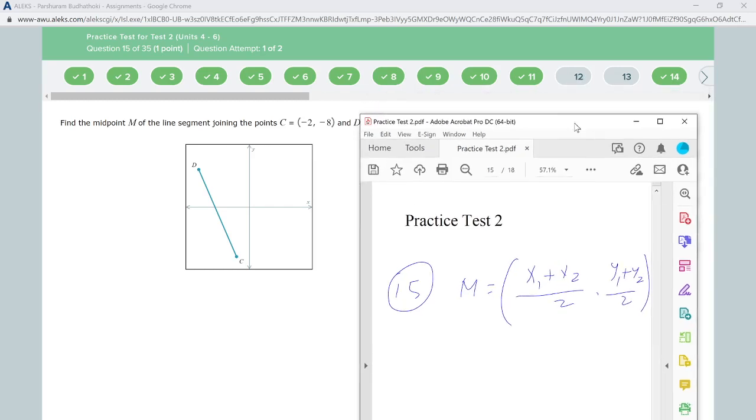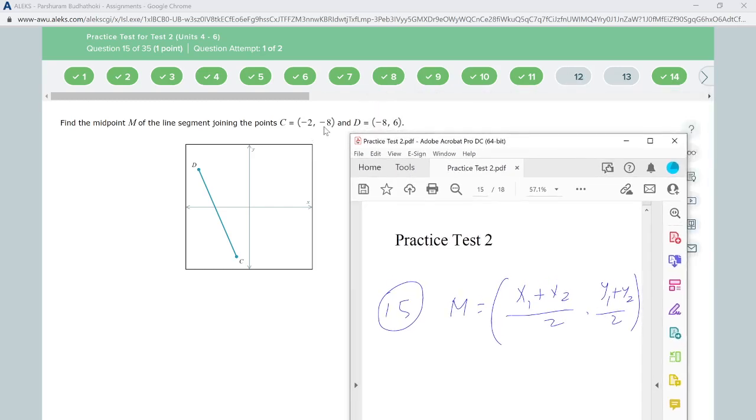In this case, let's assume that C is x1, y1, D is x2, y2, and now for finding the midpoint, just add the x coordinates, which are -2 and -8, divided by 2.